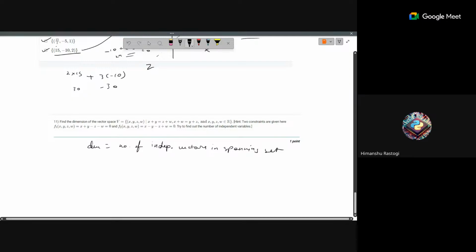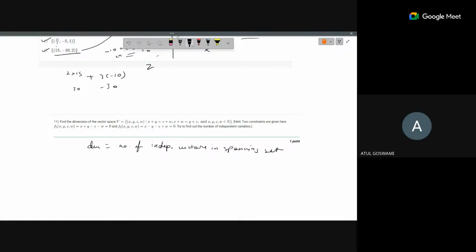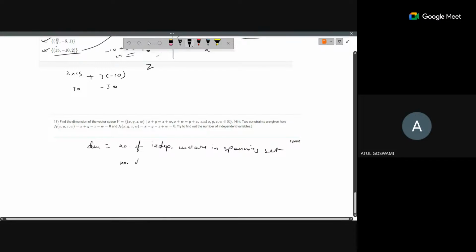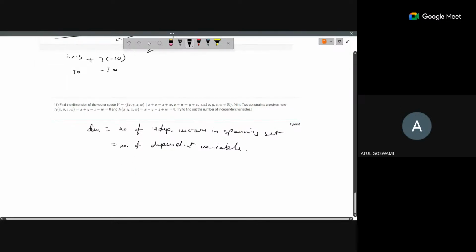In another sense, it is also the number of dependent variables. This is also equal to the dimension. So our goal is to find the number of dependent variables.